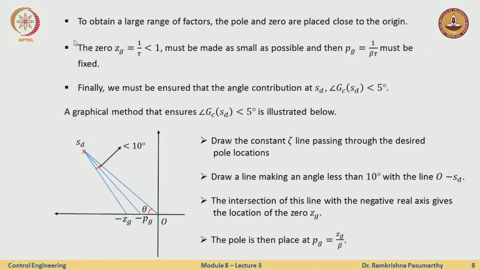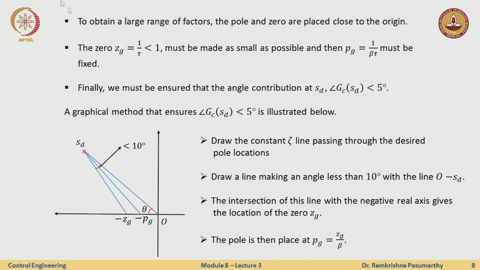Okay, so how are these guys placed? So first thing is to obtain a large range of factors. I would have them as close to the origin as possible, say at 0.1 or 0.001 and so on. So the factors can be increased easily: if I am at 0.1 or 0.01 and I want to have a factor of 10, I can easily go to 0.1, right, and so on.